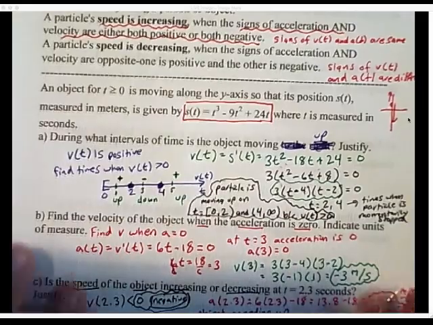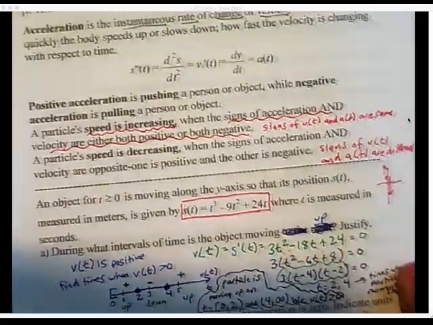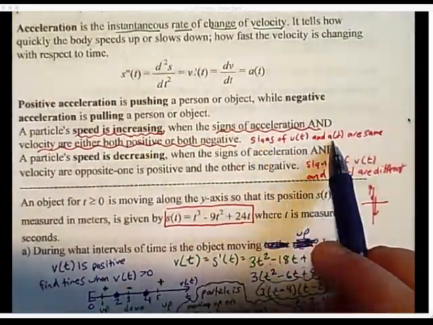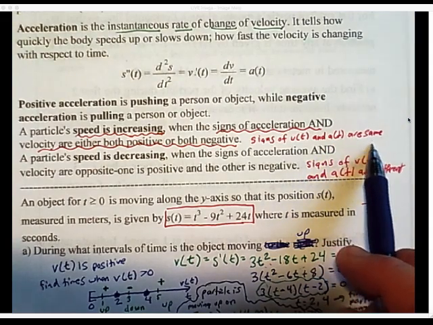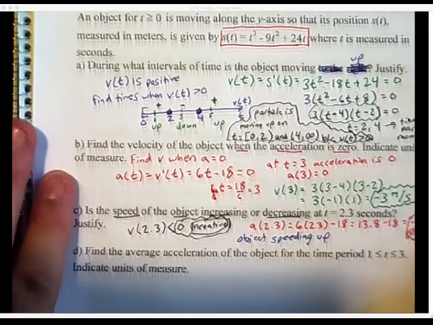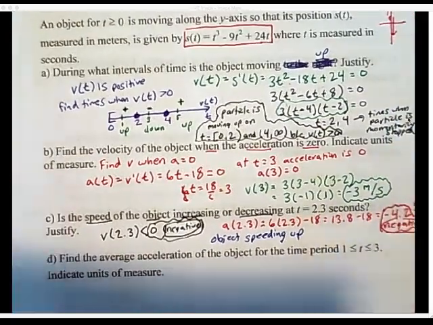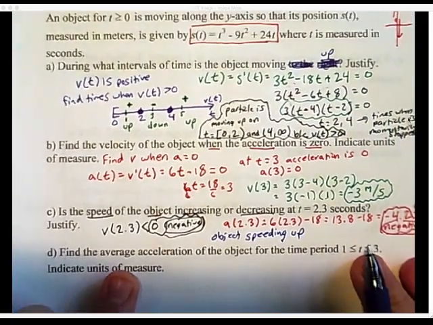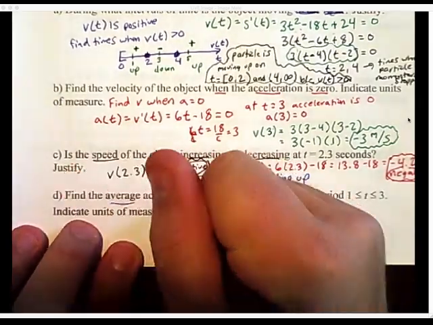It says up here in our notes that when the signs of velocity and acceleration are the same, the object's speed is increasing. So this object is speeding up. Now question D says find the average acceleration.